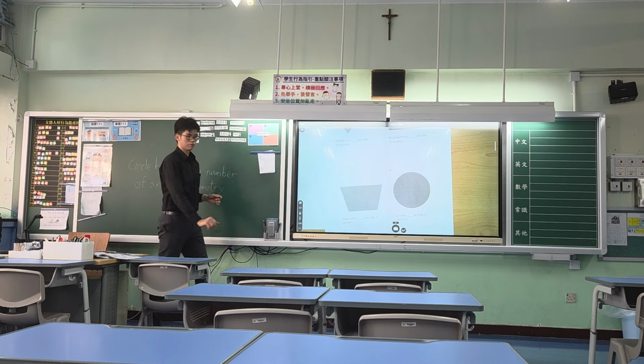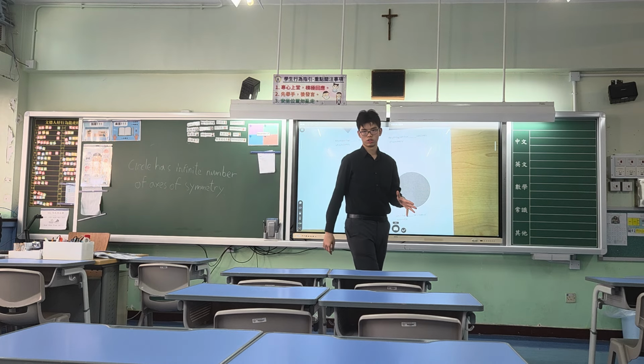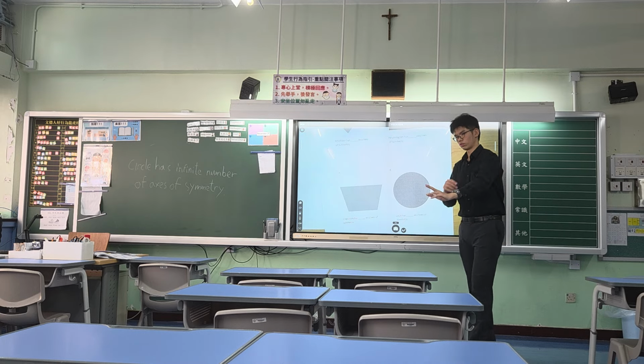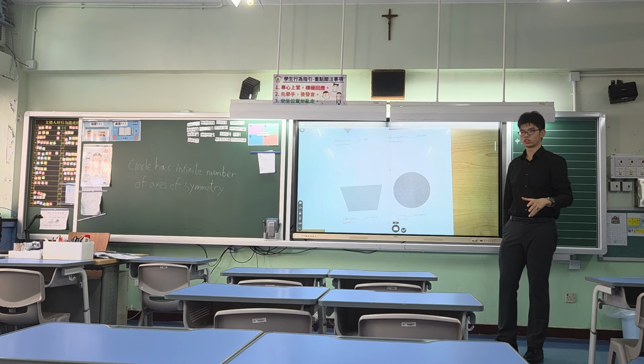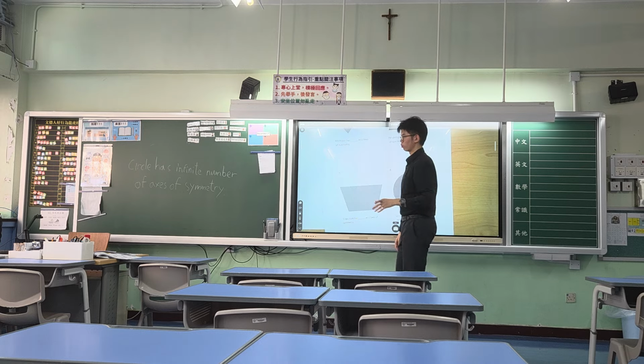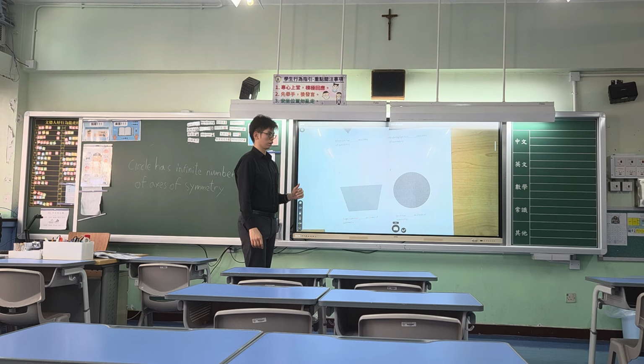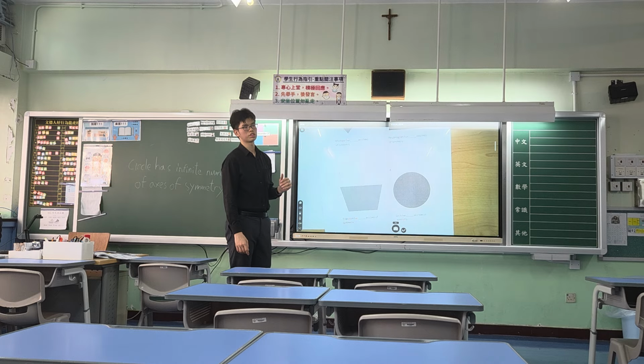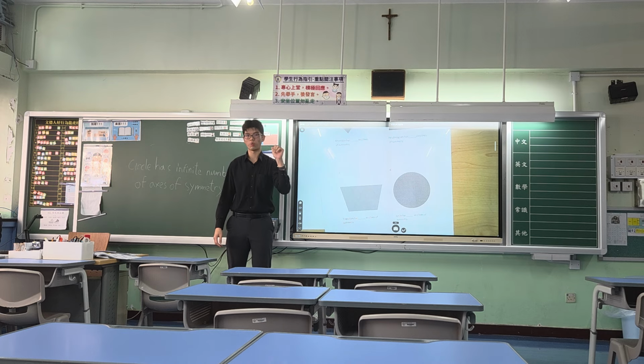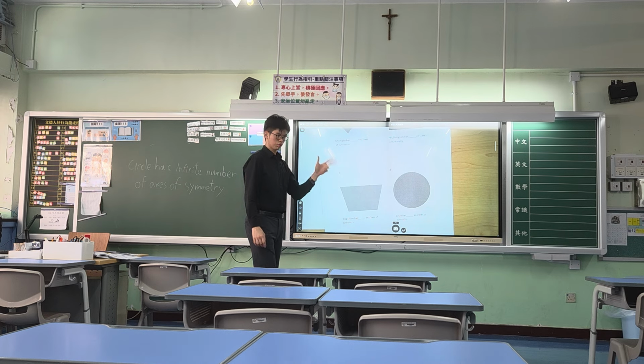So let Mr. Fong go through a little summary of this lesson. We have learned that there are different shapes that are symmetric, like square, rectangle, triangle.